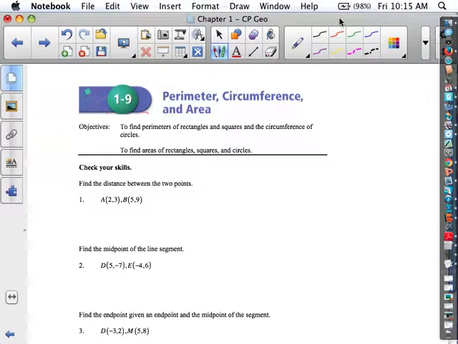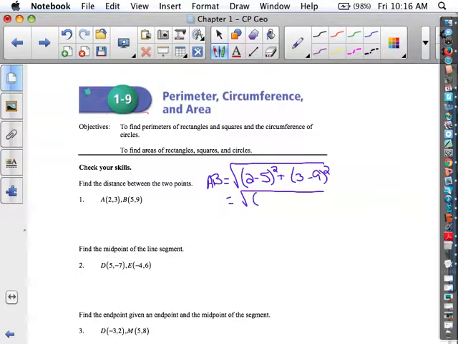Remember the distance between 2 points. Talking about the distance between A and B, so we'll write A and B, is the square root of x1 minus x2 squared plus y1 minus y2 squared.